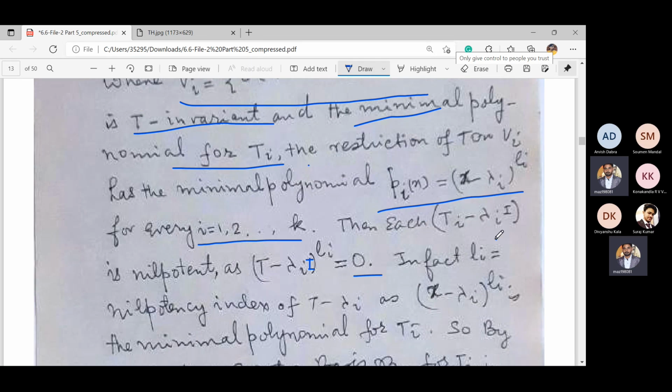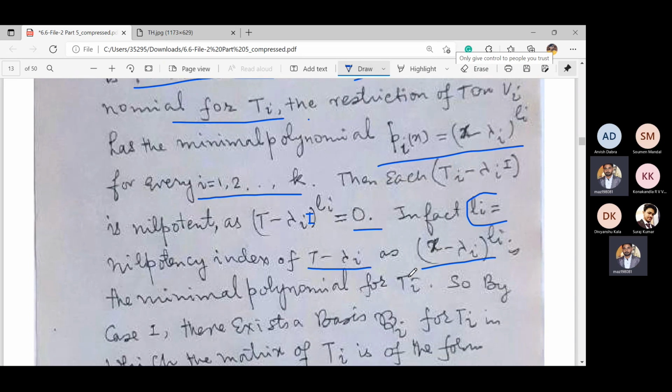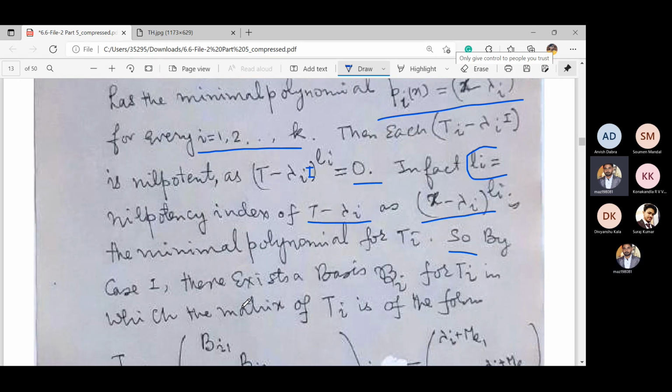In fact, Li will become the nilpotency index of T minus lambda I, as this one is the minimal polynomial, (x minus lambda I) raised to power Li. So by definition of nilpotency, Li is the nilpotency index of T minus lambda I for Ti. Now for each lambda I we are getting a Jordan block, which collects the basic Jordan blocks, some combination of basic blocks.